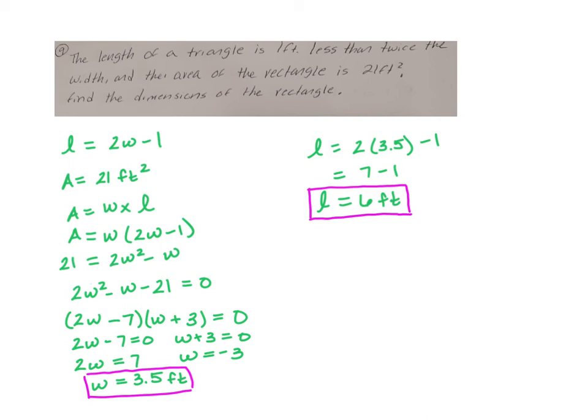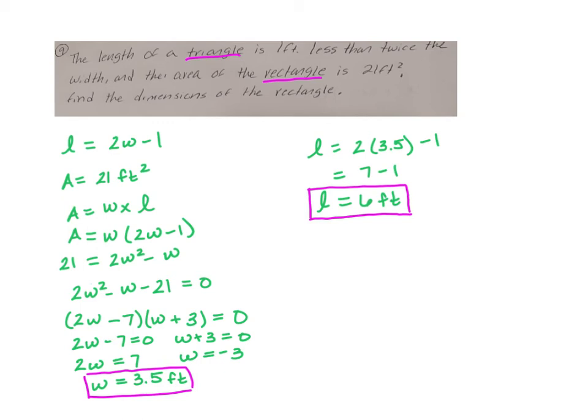And then it says rectangle down here, so I think you meant to write rectangle, which is fine. I worked it as a rectangle. So they told you the length is 2 times the width minus 1. That's how I got L equals 2w minus 1. And then they gave you the area was 21 feet.